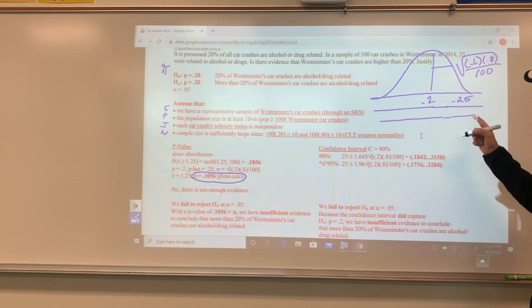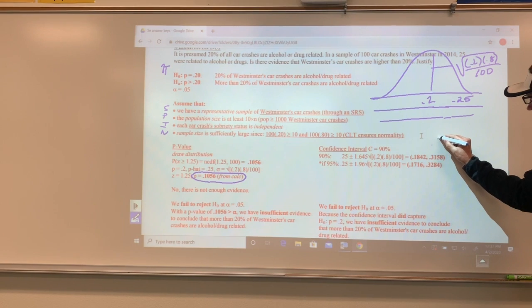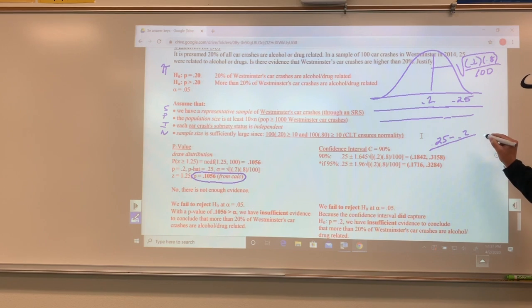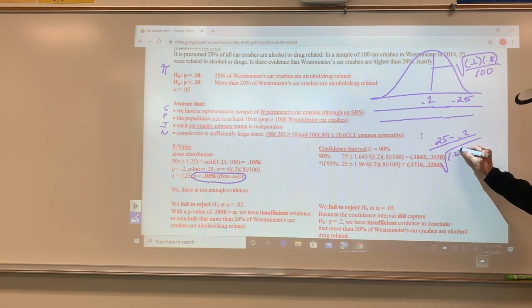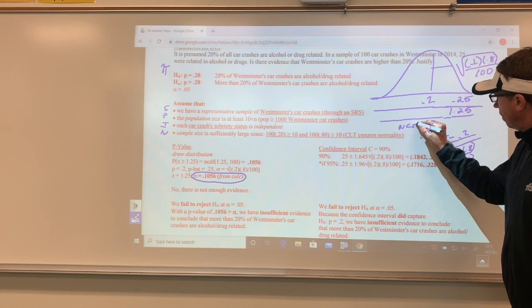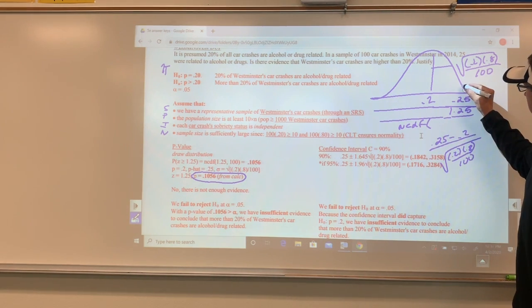Now to get a z-score and a p-value, we can do it by hand. We go 0.25 minus 0.2 divided by this particular standard deviation, 0.2 times 0.8 over 100, and we get a z-score of 1.25. Then you put that into normalcdf, and we want the area above that.